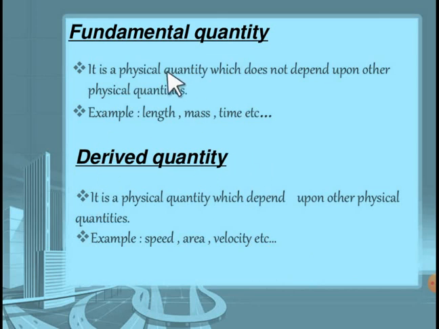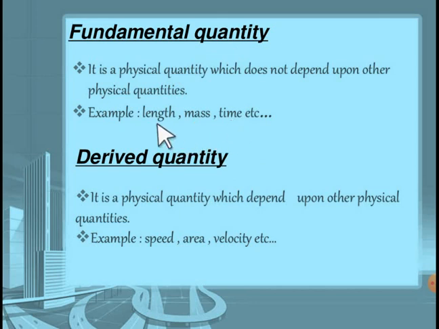Those units which are used to express fundamental quantities we call fundamental units. For length it will be expressed in terms of meter in SI unit. In terms of mass it will be kg. For time, the SI unit will be second.